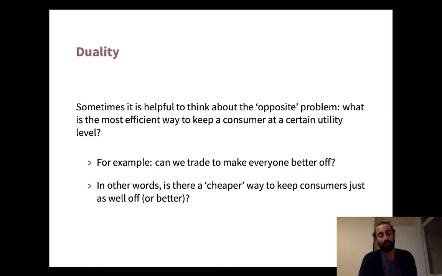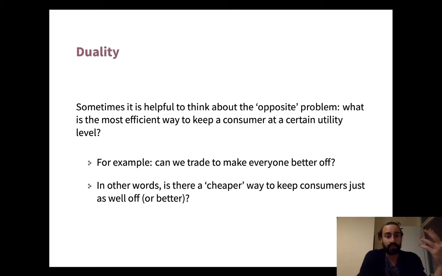We want to say, how much are they going to have to spend to keep the same level of utility that they had before, not necessarily the same level of consumption in terms of goods, but utility? How much are we going to have to compensate them, either in positive or negative compensation? How much are we going to have to change their income so that their utility level remains the same, so that when they consume goods under a new set of prices, they're going to be as well off as they were before? So in other words, is there a cheaper way of providing the same utility?